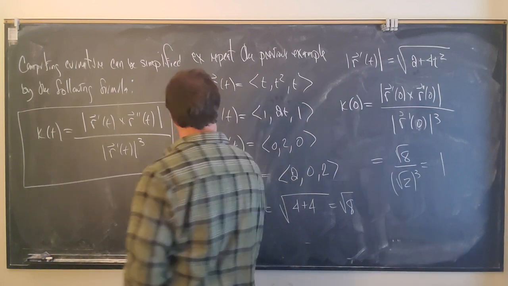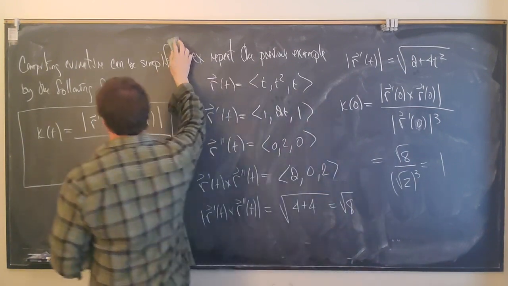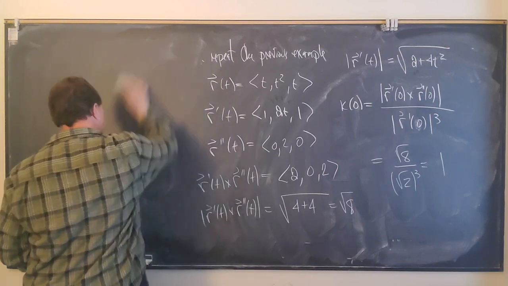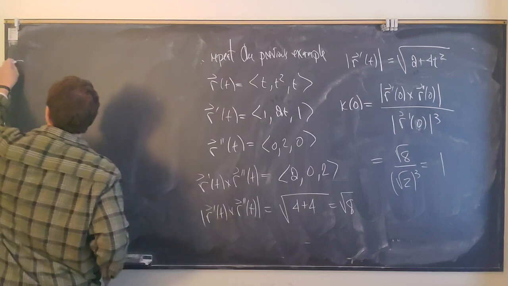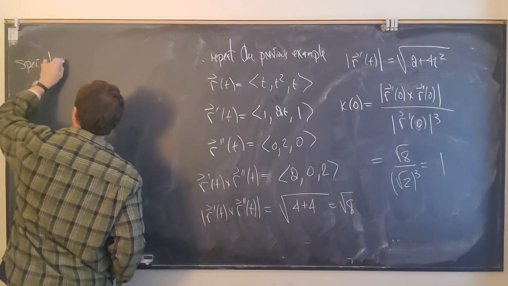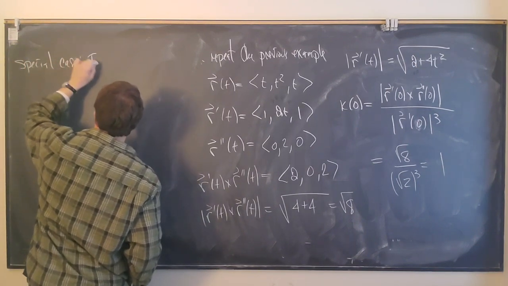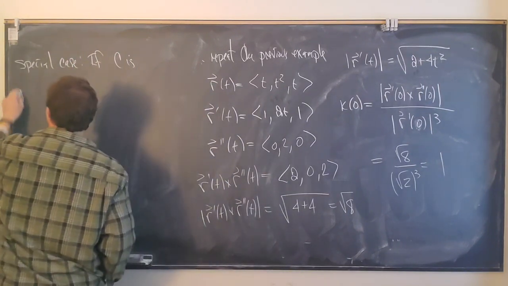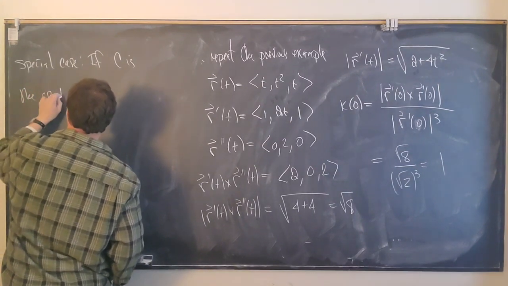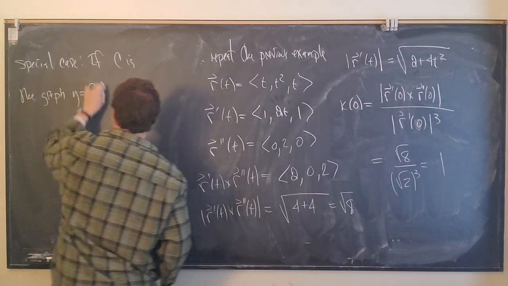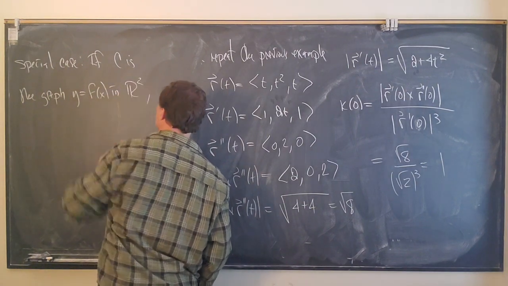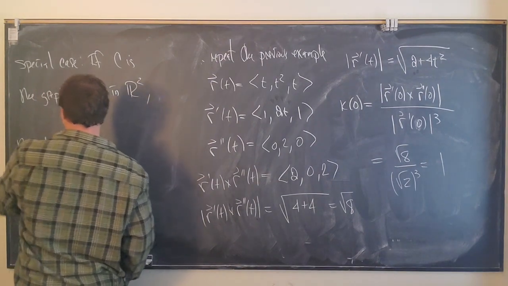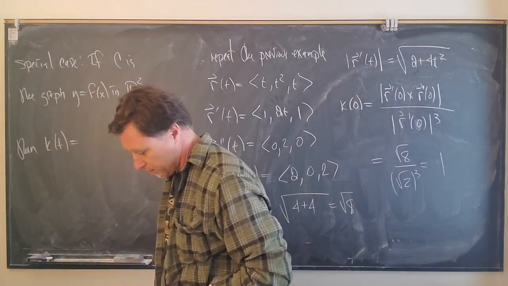Now, there's one special case. What we've been doing is studying parameterized curves. So special case: if C is the graph y equals f of x in the plane, then the curvature has an even easier formula.